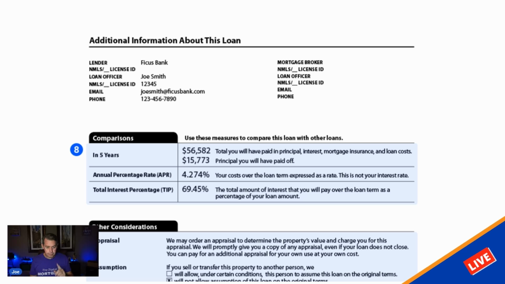For example, if you're quoted 3.875, and your APR is 4.274, that means there's some fees attached to that loan. If your APR is 3.9 or 3.875, then that's a lot less in fees. So the closer the APR is to your actual interest rate, the less the fees are.